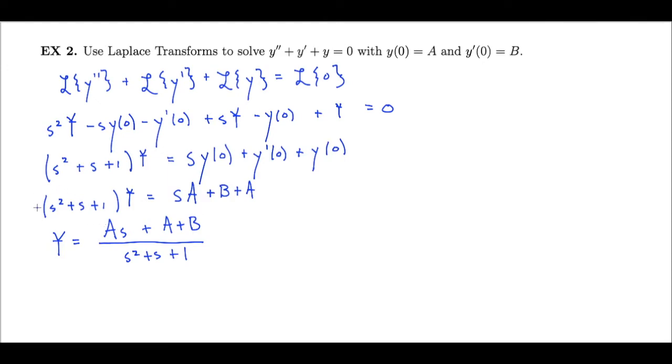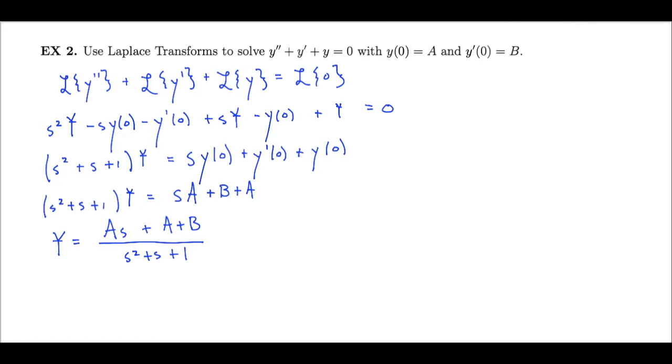So if I divide by this coefficient function, I will have an expression for capital Y. And in theory, I can take the inverse transform at this point, but I need to do a little bit of algebra to get this fraction into a form that I recognize so that I can state the inverse directly.